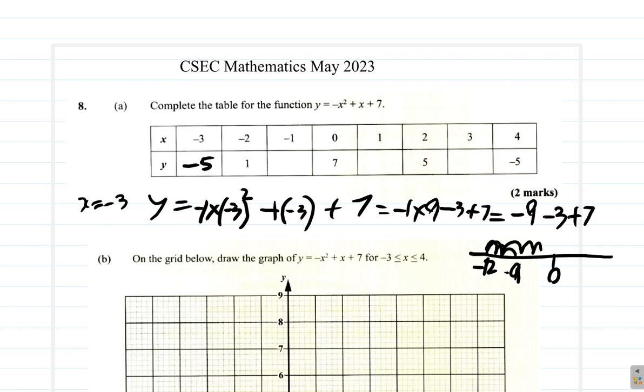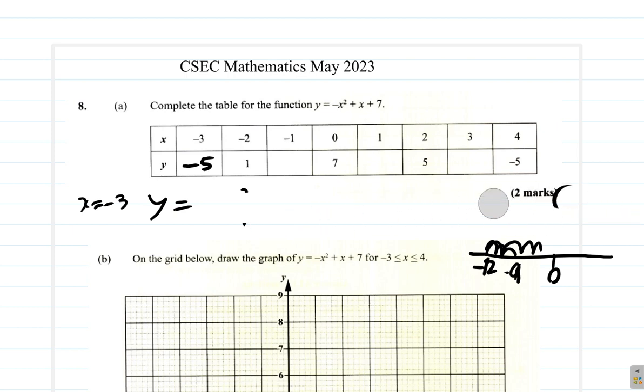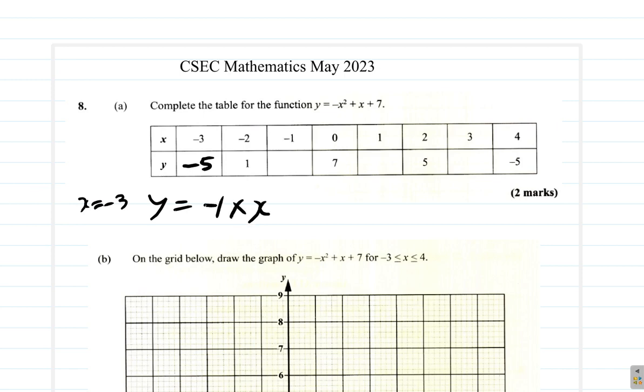Now, here. Remember, it is y equals negative 1 times x squared, because negative x squared is like negative 1 times x squared plus x plus 7. Now here, the next value here is negative 1.